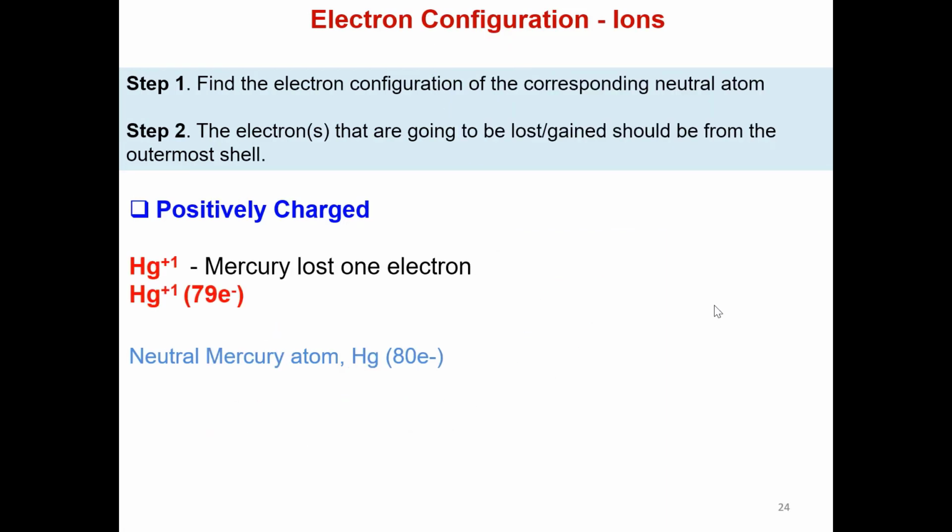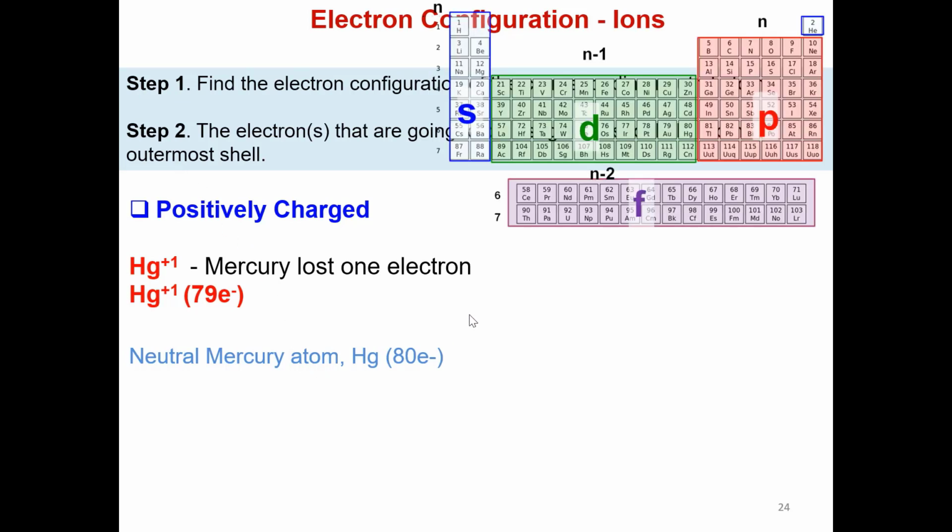In this example, we want to write the electronic configuration of the mercury +1. And the first thing we want to do is to write the electronic configuration of the neutral atom, in this case the mercury atom. And mercury in the periodic table has atomic number 80, then mercury has 80 electrons.